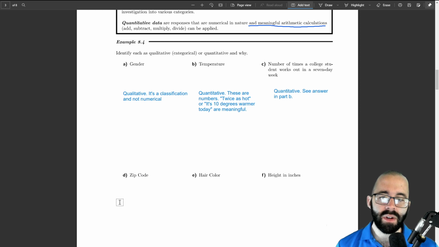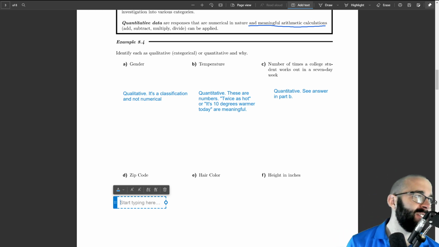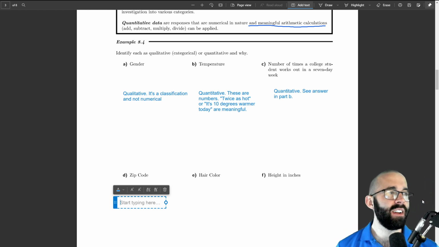Zip code is also a number. The college is 98512. I used to live in 82901. So the difference between Wyoming and Washington is 10,000 and whatever.